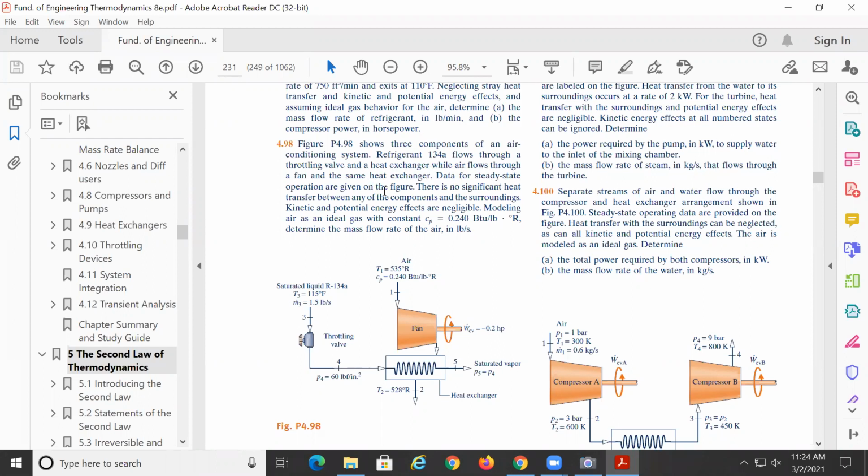Data for steady state operation are given on the figure. There is not a significant heat transfer between any of the components and the surrounding. Kinetic and potential energy are negligible. Modeling air as an ideal gas with CP equals 0.24, determine the mass flow rate of the air. Okay, so let's see.